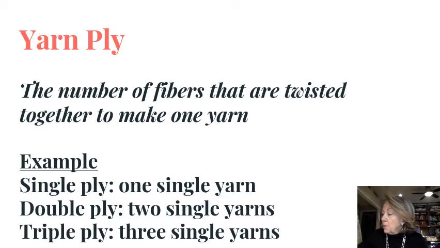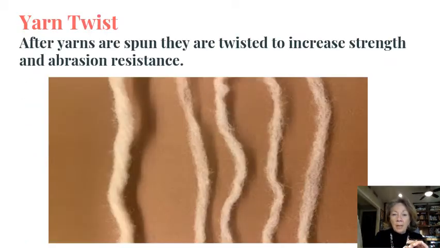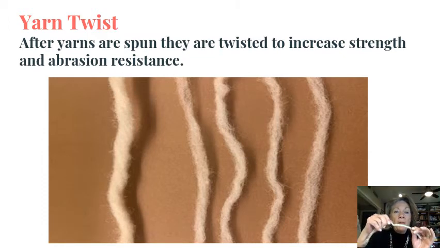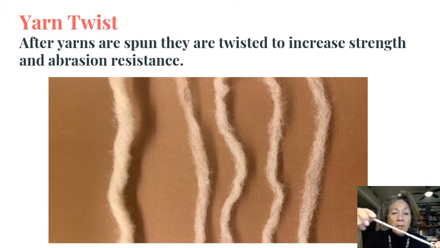I brought some yarn samples with me to show you ply. We have double ply, single ply, triple ply, and you can actually untwist this yarn to see how many ply it separates into. In this image, I am showing you the same type of yarn that I'm holding right now. On the left of the image, you see that yarn.